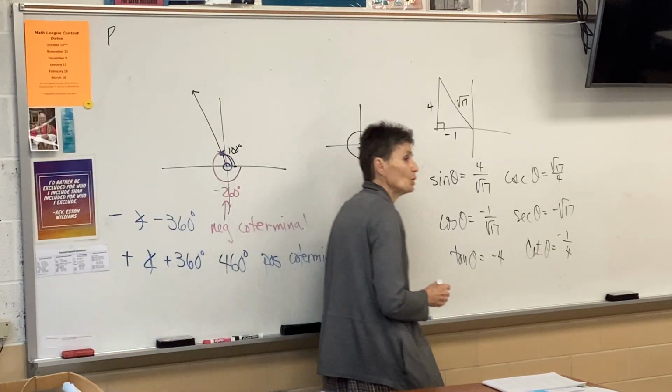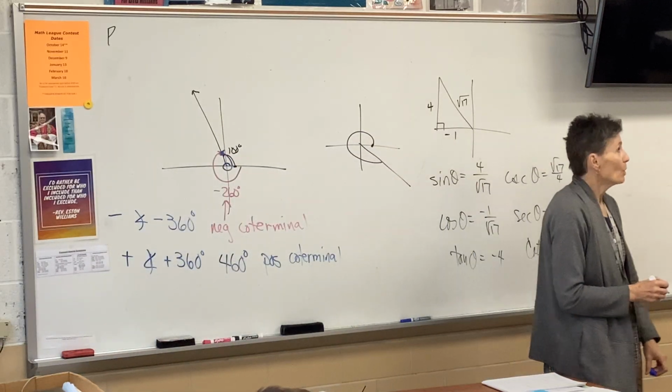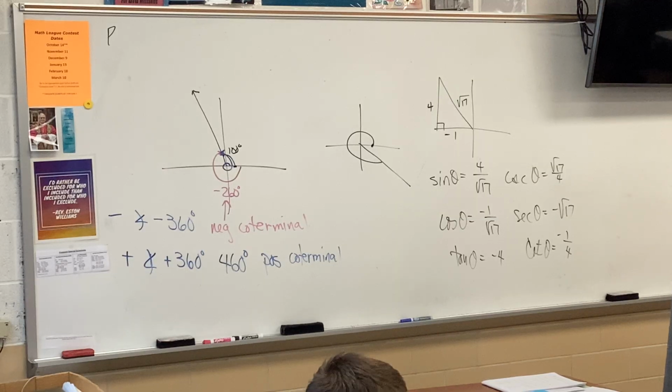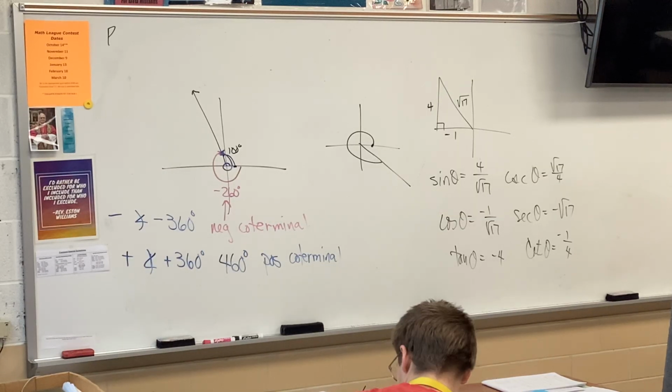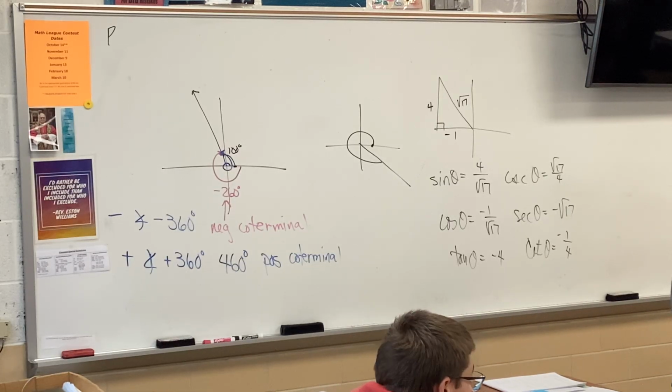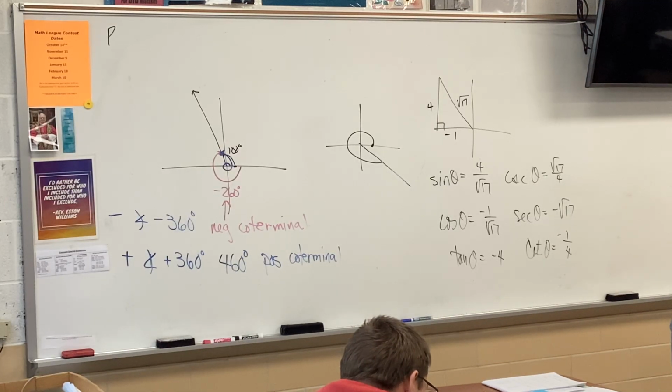To find coterminal angles, we add or subtract revolutions. And a revolution in degrees is 360. A revolution in radians would be 2 pi. Now, is that it? Are those the only two possible answers to the question?